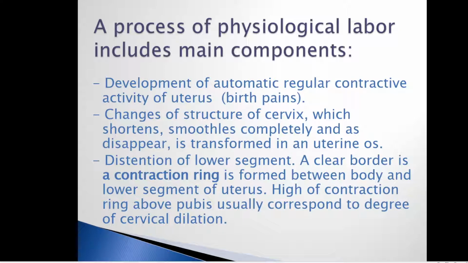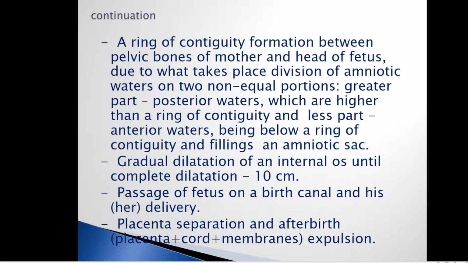You see that the contraction ring is the border between body and isthmus. The height of the contraction ring above the pubic symphysis usually corresponds to the degree of cervical dilation.